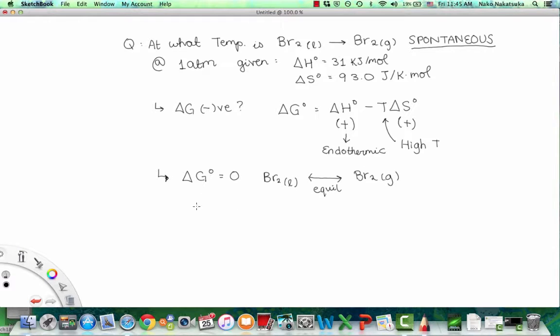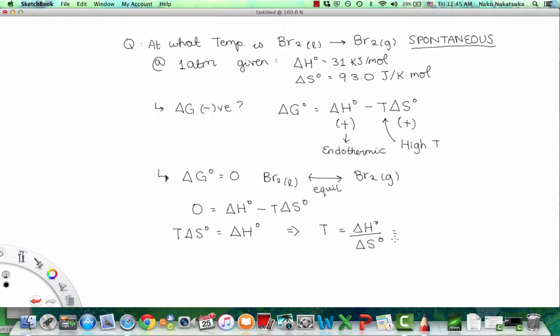So now let's set up the equation as 0 equals delta H minus T delta S. And then let's rearrange it so that it becomes T delta S equals delta H naught. Because then we can solve for temperature, right? Temperature is delta H over delta S, which are values that are given.